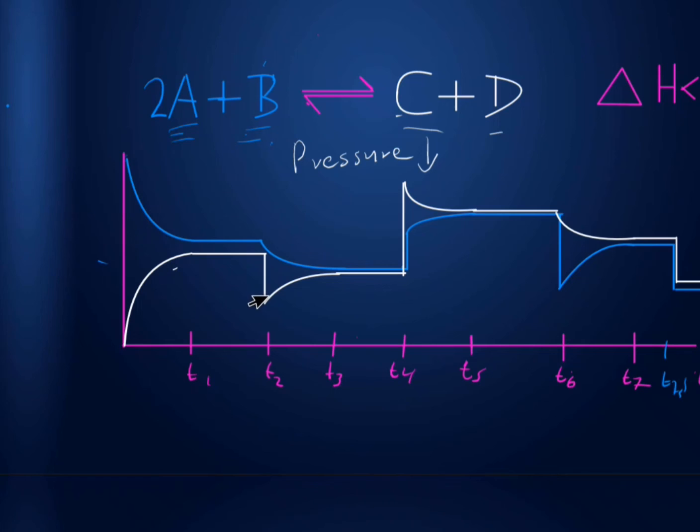And then when it comes to temperature, temperature affects both of them. They'll both increase or both decrease, but the endothermic reaction will increase the most or decrease the most, right? So if we increase temperature, the endothermic reaction will increase the most, which is the reverse reaction.